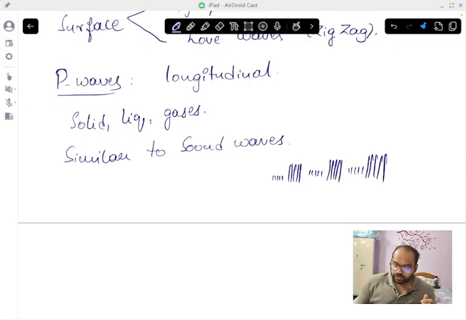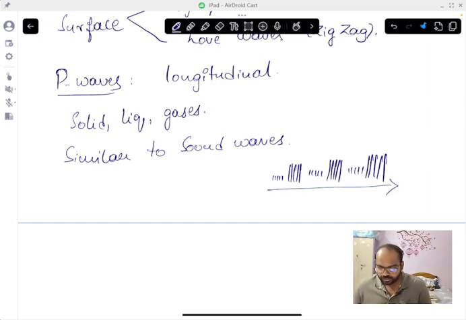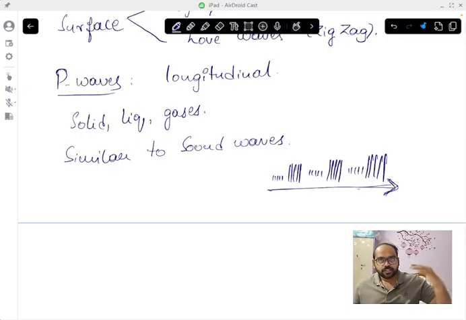This arrow mark is the direction of propagation of the wave, that is, the direction in which the wave is traveling.